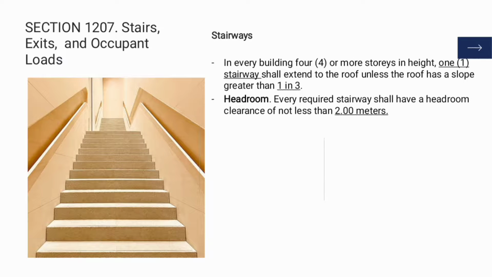So in every building 4 or more stories in height, one stairway should connect to the roof, but the roof should not have a slope greater than 1 in 3. And for headroom, every required stairway shall have a headroom clearance of not less than 2 meters.